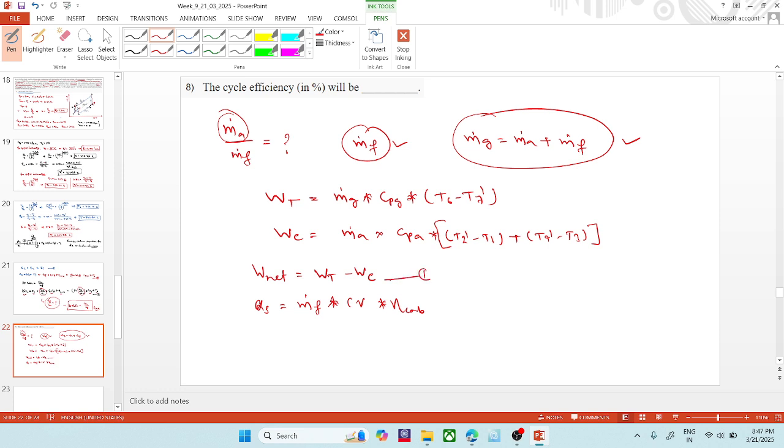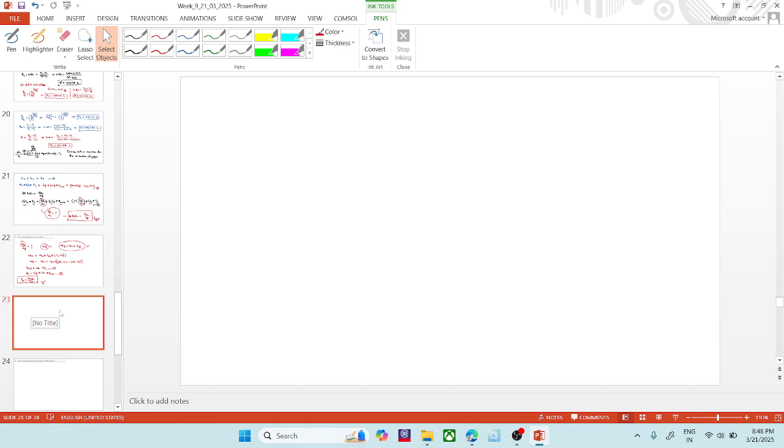So we will get this value from here, this value from here, then the cycle efficiency would be W net by Qs. This thing we can also determine. Okay, so these problems are solved, problem number 8 and problem number 9.